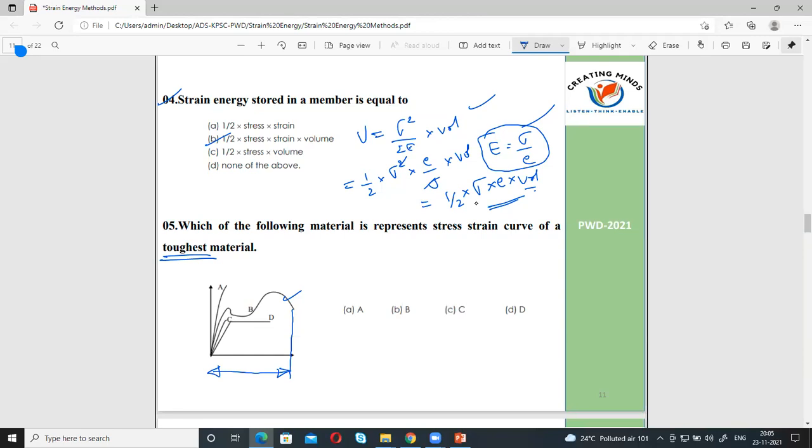For this material you get here, for this material here, and for this material here. So which is the toughest one? B is the toughest one. And which is the smallest toughness material here? A. Clear? Any doubts?